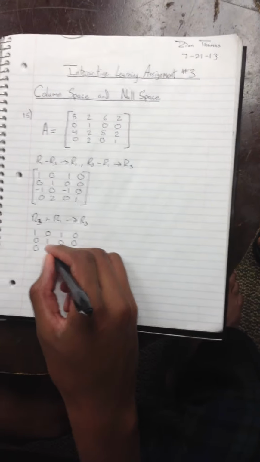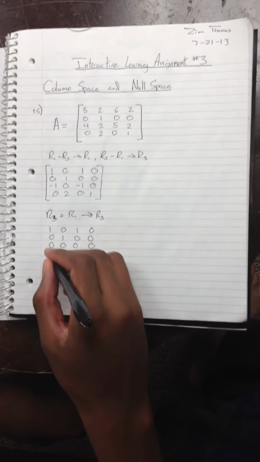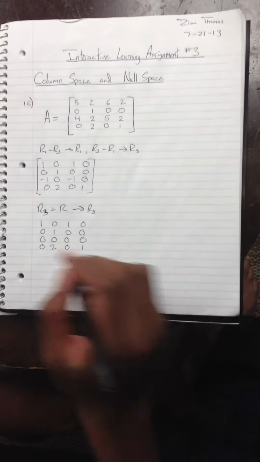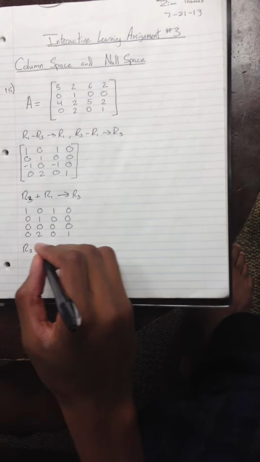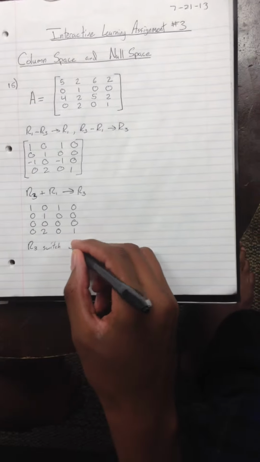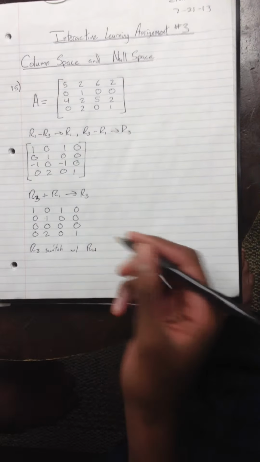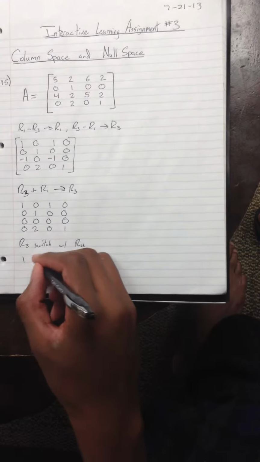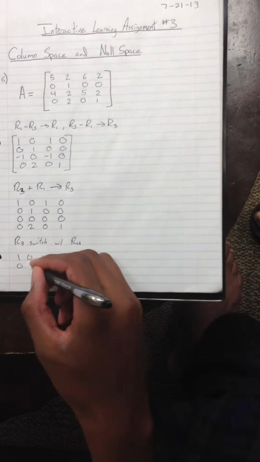I have zeros here. 0, 2, 0, 1. And I'll do row 3 swap with row 4. So if you have a row reduced form, you want all the zeros on the bottom.